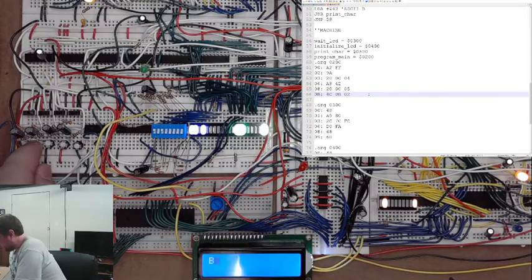Now it's supposed to jump to B. But is that B? That is B. So it should jump here. That's what it should do. We should be in a forever loop.